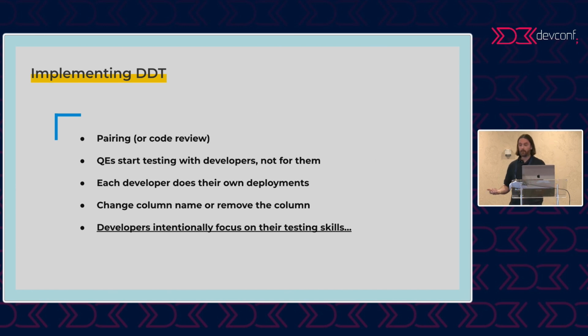Okay, changing the column name or removing the column. As long as you have that column in place, you're always going to be reinforcing that idea that it's another step in the process, and associating that with your quality engineers on the team. On teams that I've worked with to introduce developer-driven testing, we've changed the column name straight away for teams that aren't comfortable removing it, and we've called it something like ready for showcase.